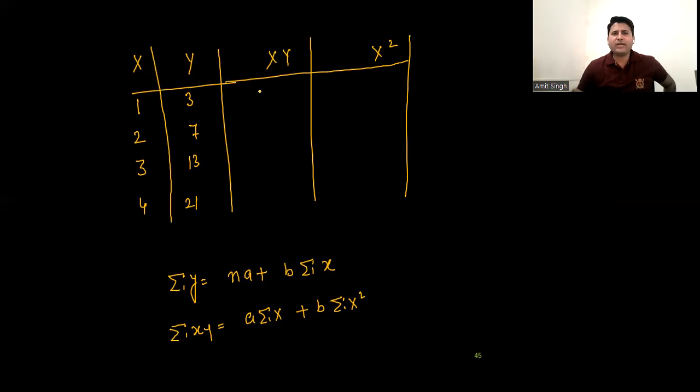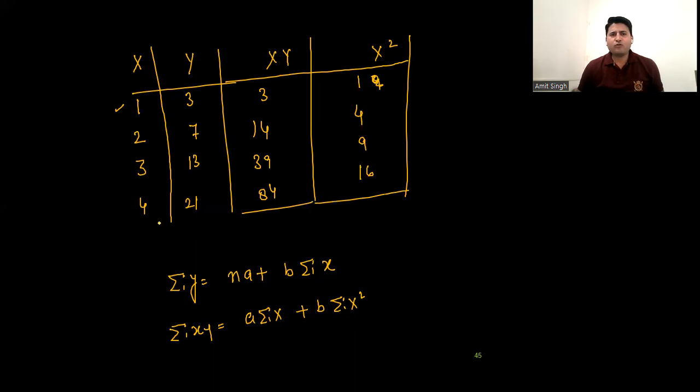XY: 3 into 1 is 3, 14, 39, 21 into 4 is 84. Now x square: we are squaring the x values, the first column. So this will be 1, 4, 9, 16.